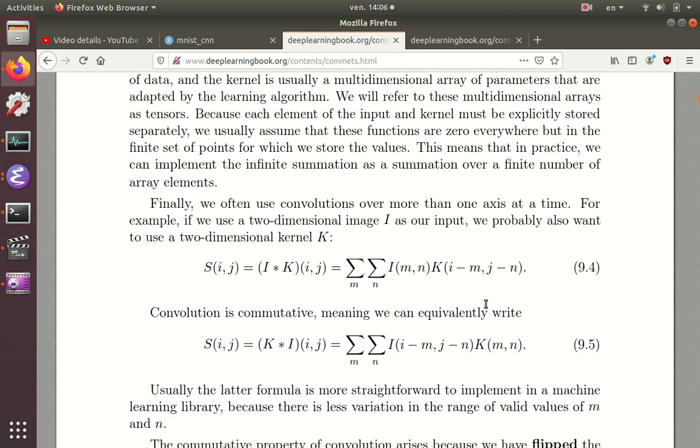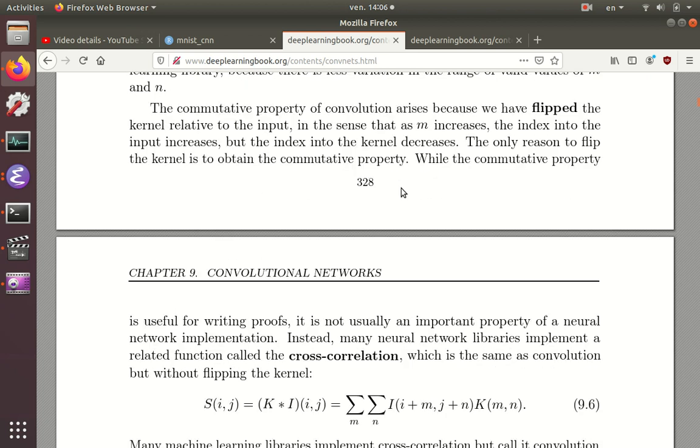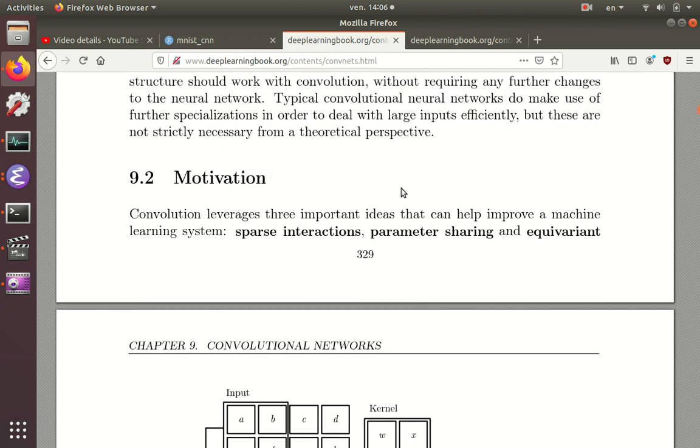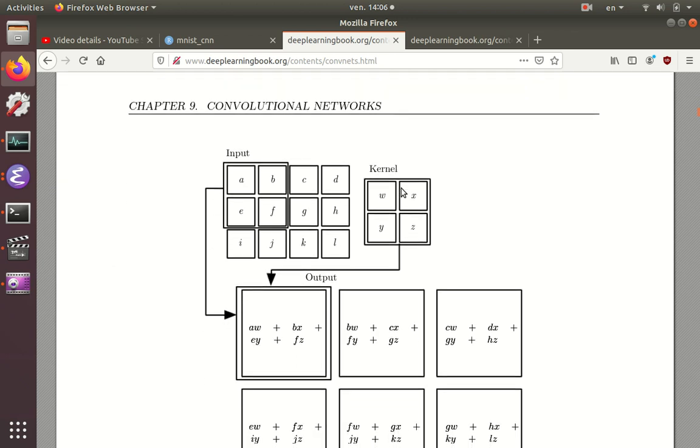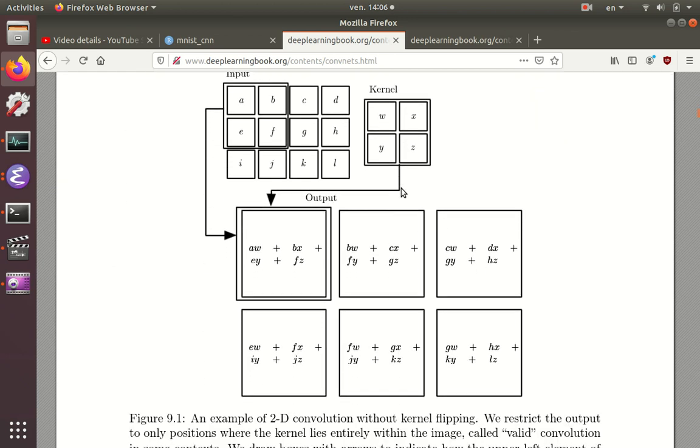So another way to visualize that, it's helpful to look at this figure here. This figure 9.1, here we have the input image, which is just an image with 3 rows, or 3 pixels high, and 4 columns, so 4 pixels wide.